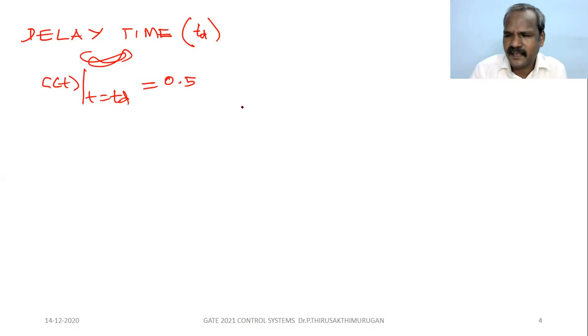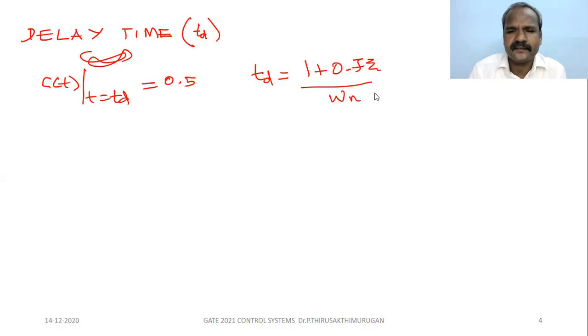So TD is given by TD equal to 1 plus 0.7 zeta divided by omega n. This is the formula for delay time. This is the time taken by the control system to reach from 0 to 50% of the steady state value. So this is delay time.